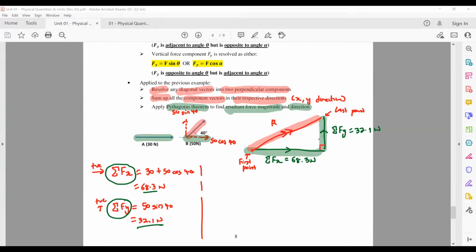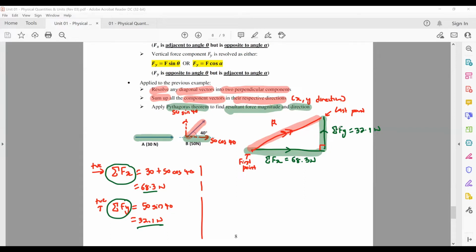Now, because the vectors were originally perfectly horizontal and perfectly vertical in the x and y direction, they're going to be at right angles to each other. So this one is actually a right angle triangle now.